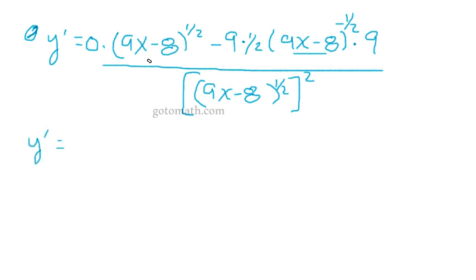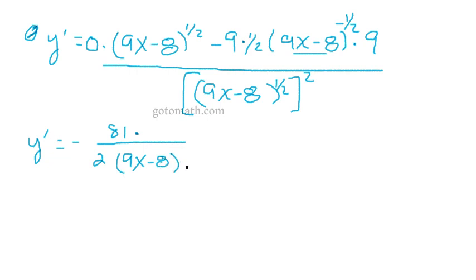Alright, so let's try to clean this up a little bit. We've got y prime is equal to, all that is going to be 0. We're going to have a negative out here. We've got 9 times 9, which is 81, so we're going to have negative 81. Now, I'm going to take this 2 down into the denominator. A half times 2 is 1, so we end up with 9x minus 8.